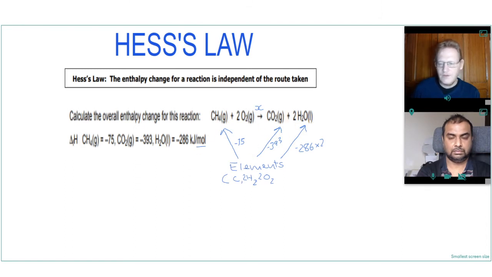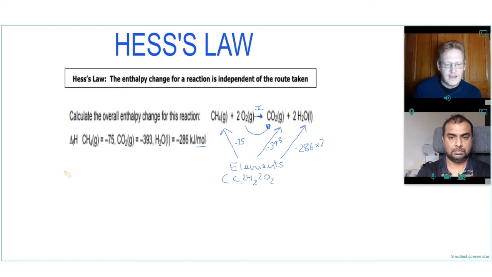Now, there's 3 ways of doing this. The first way: the enthalpy change for this reaction is going from reactants to products, which is going that way. And going that way, we're going against the arrow for the reactants, but with the arrows for the products.